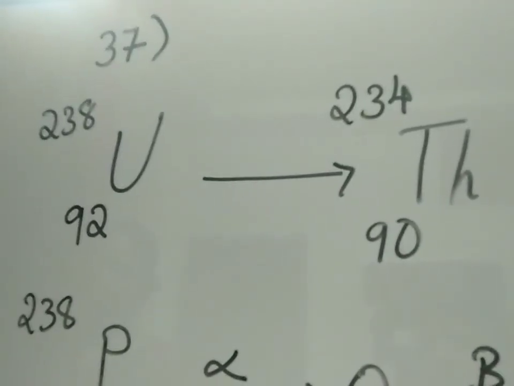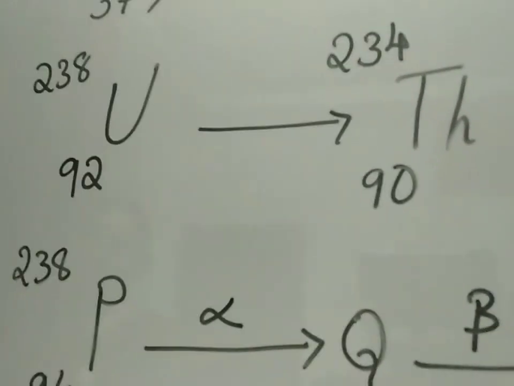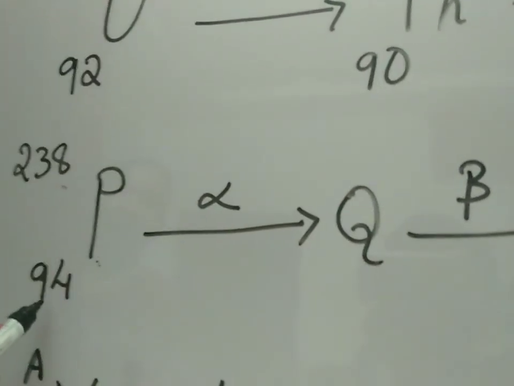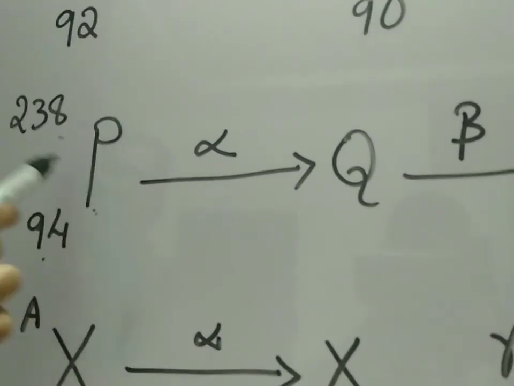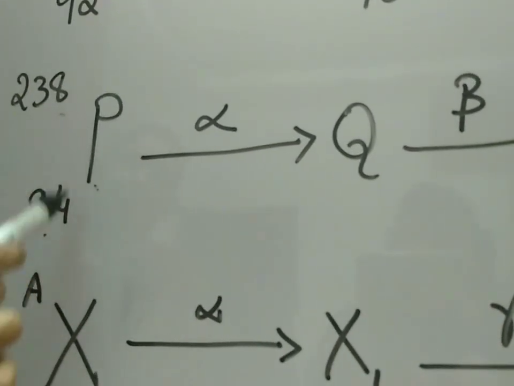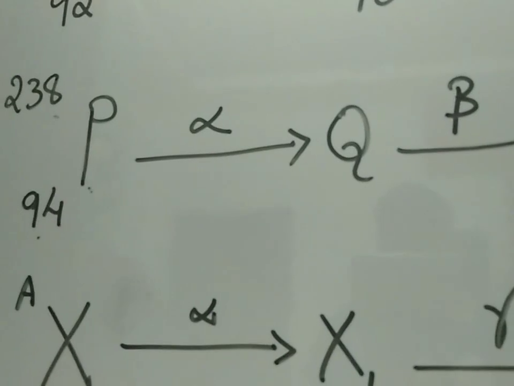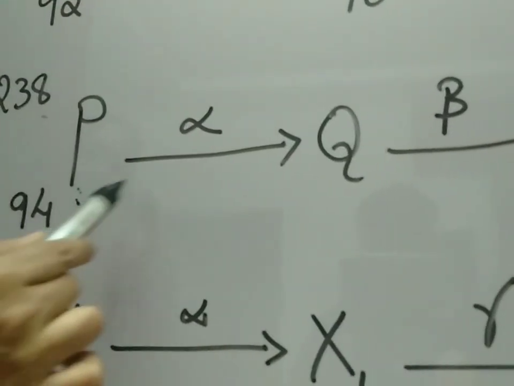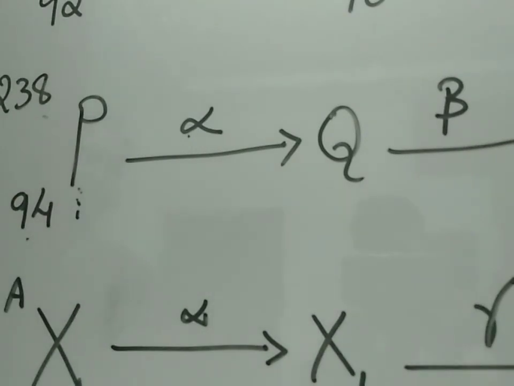Now question number C. Here you can see P 238-94. Question C, P 238-94. Here it is clearly mentioned: what will happen to this parent nucleus when an alpha emission takes place?